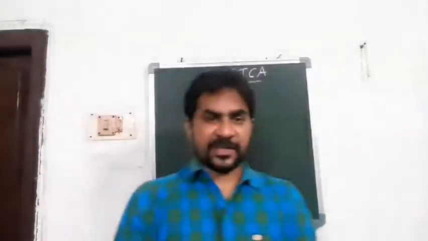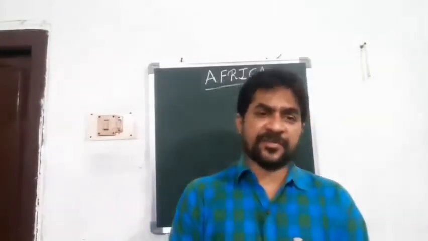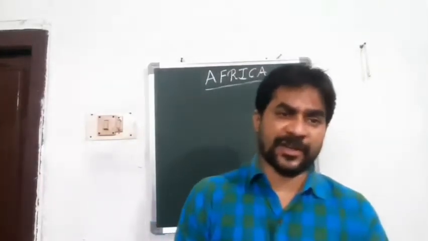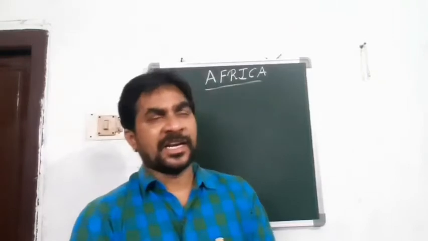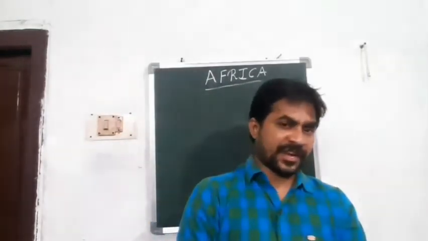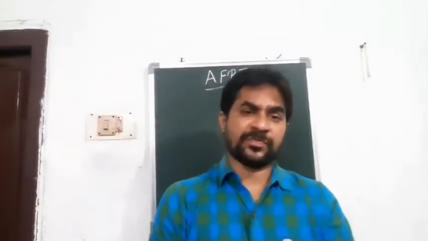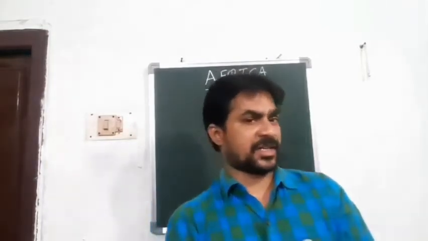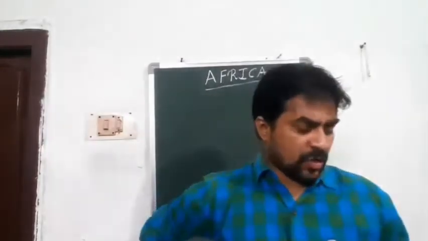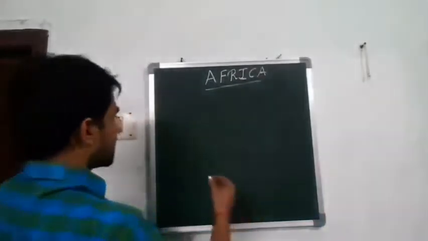So, what is Africa? Africa is the continent that you can find on the western side of India. Everyone knows that we are the people living in India. So, on the western side of India, Africa lies, below Europe, and on the eastern side of the American continent. What is the specialty of this Africa? Africa is one continent which has deserts.